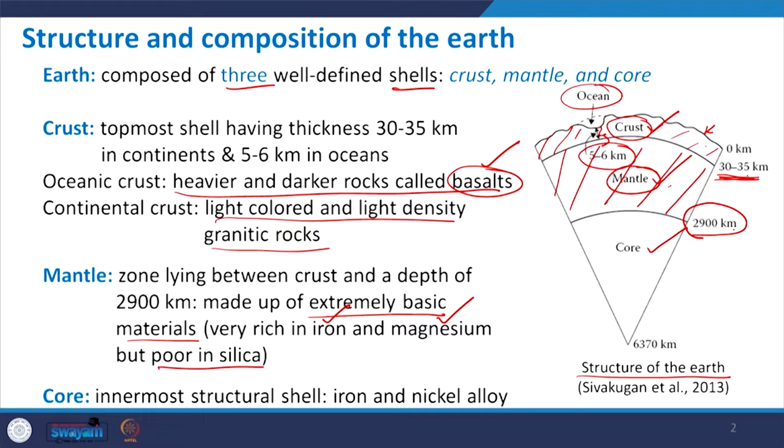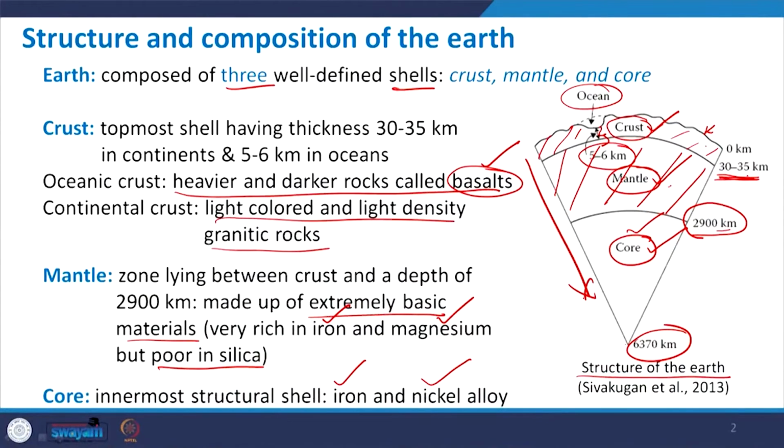Then the last one is the core, which is the innermost structural shell. As you can see, from 2900 kilometers to 6370 kilometers, or to the center of the earth, that is what is called the core. This comprises an iron and nickel alloy.